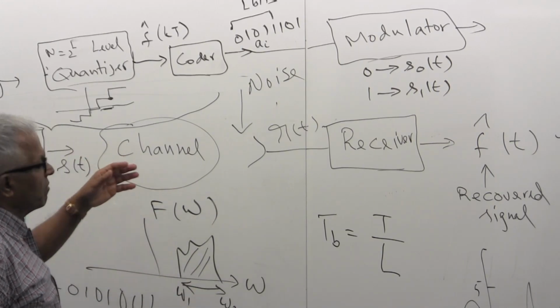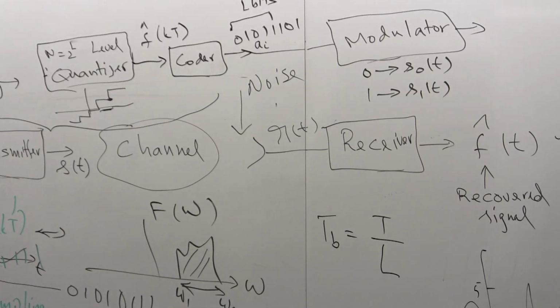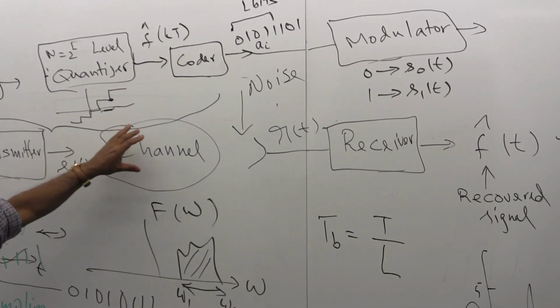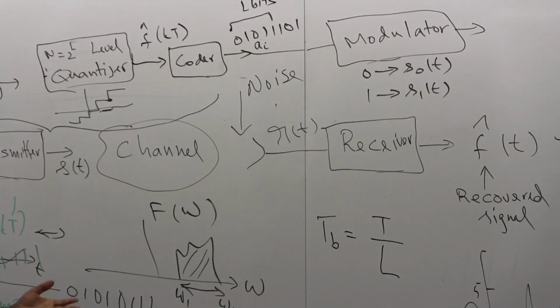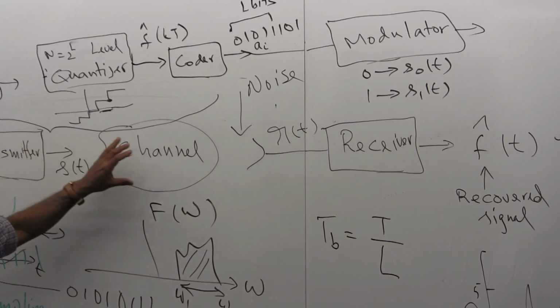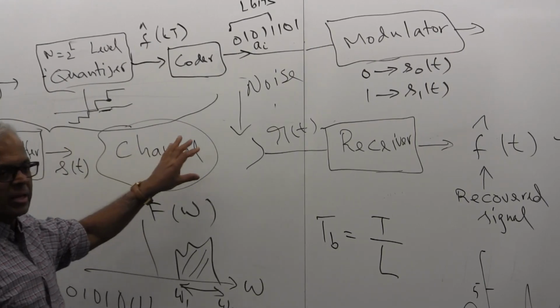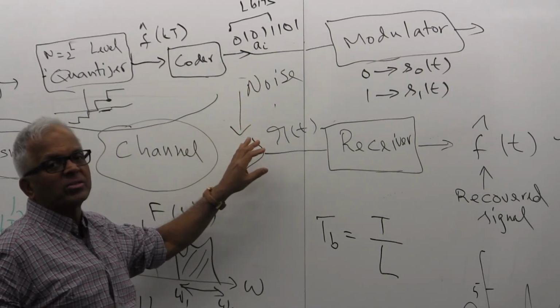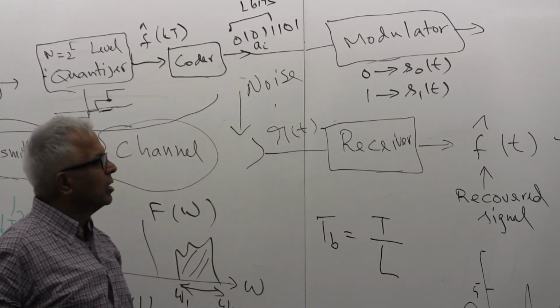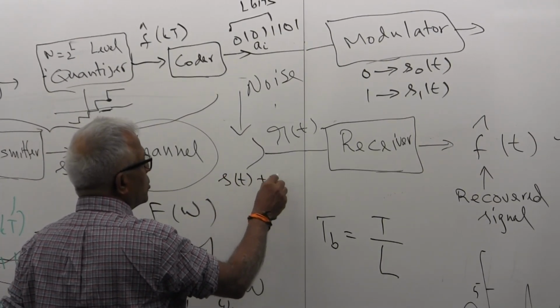The channel itself could be a stochastic medium, but we will not go into any of that. As far as we are concerned, it is an ideal channel. The signal comes as it is, except there is always noise at the receiver. So the best model is signal plus noise, whatever you transmit.